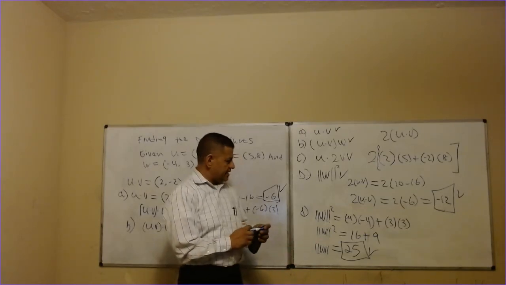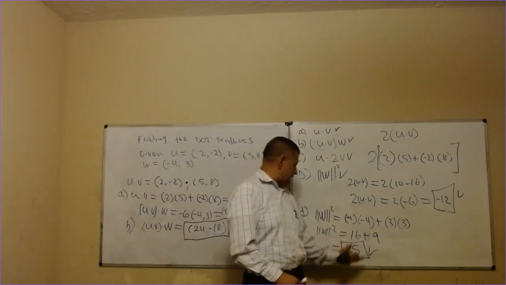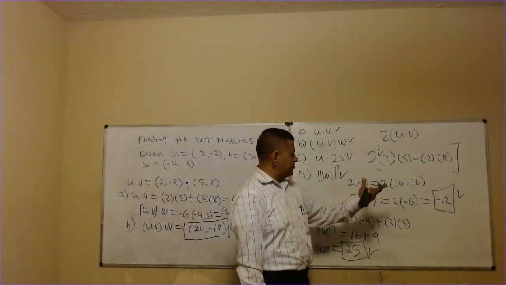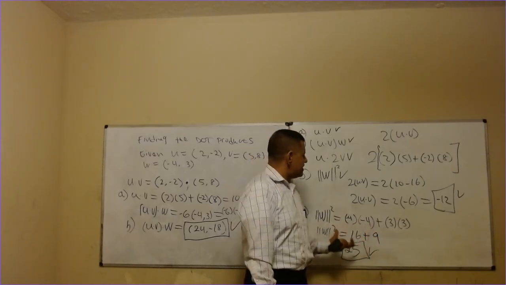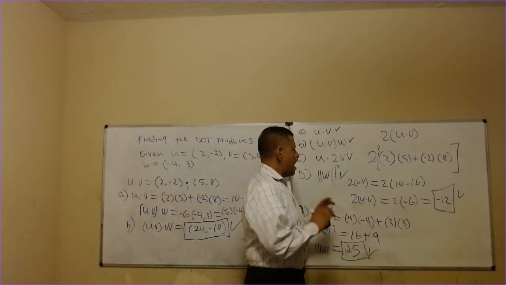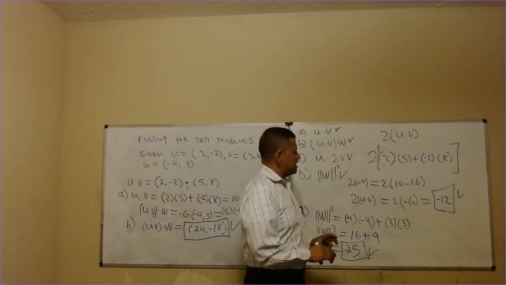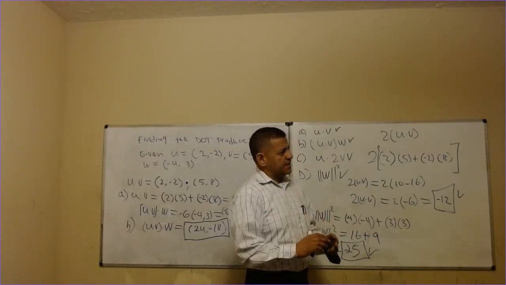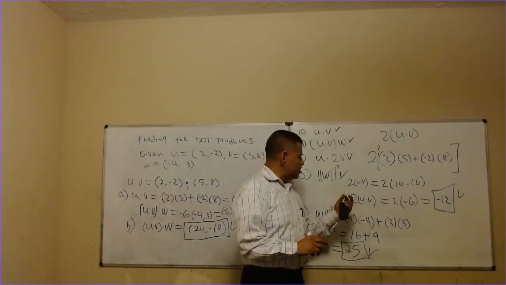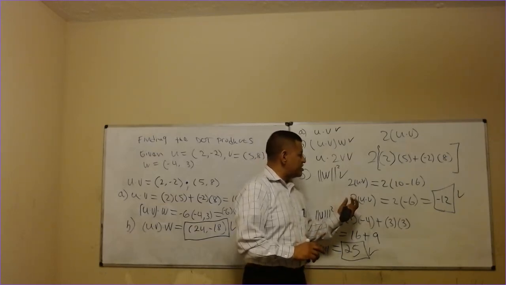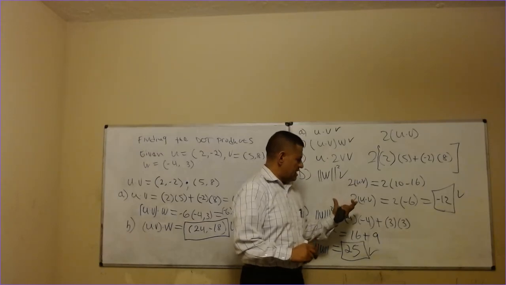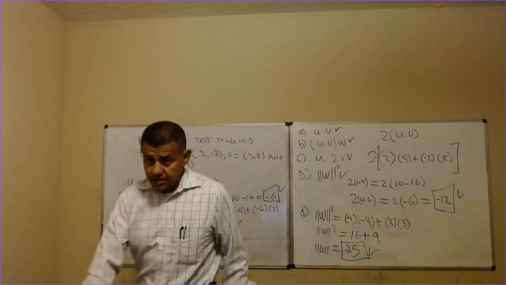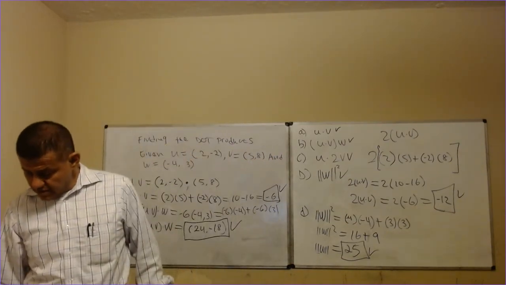You don't have magnitudes or V or J or K. So that means that this is a pure number. So that product is basically multiplication and addition of scalars, which is going to give you another scalar, right? So that's the dot product, right?